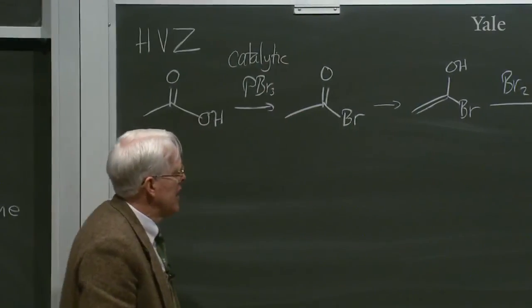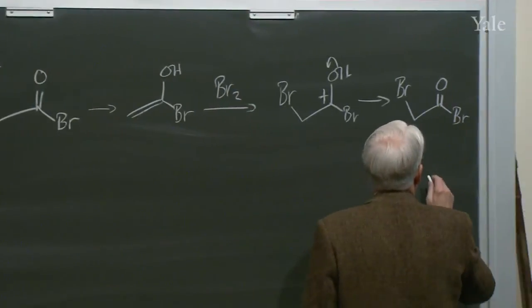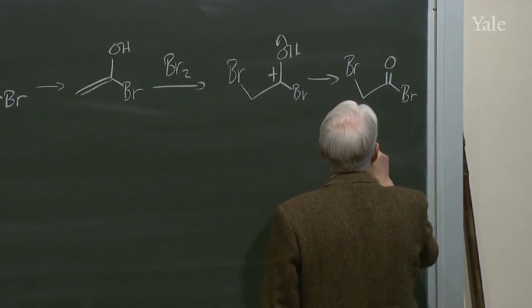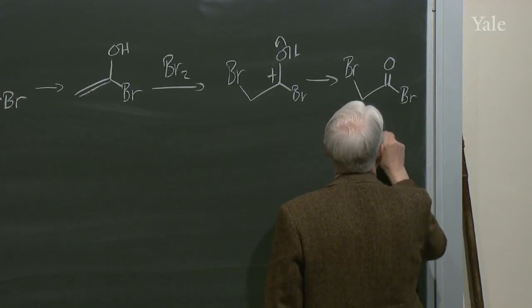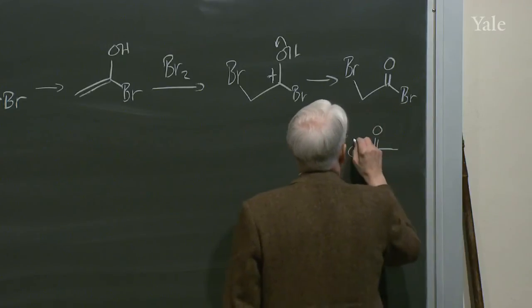Why can it be catalytic? Why do you need only a little bit of PBr3? You need a full mole of bromine, of course, because this can react with acid.